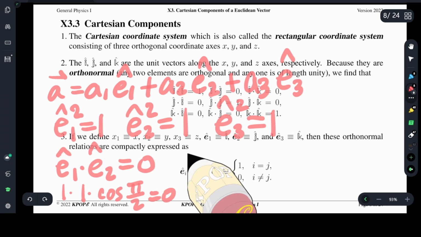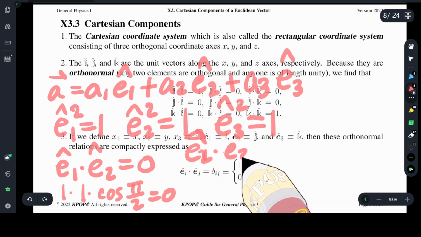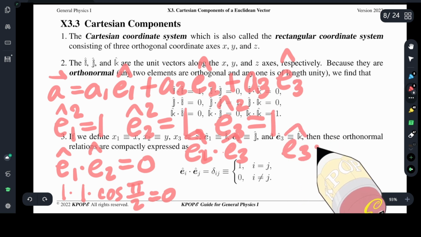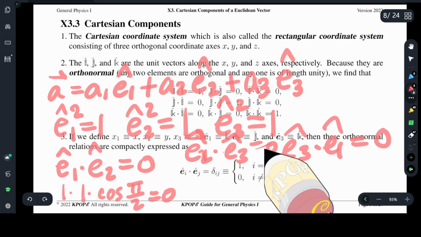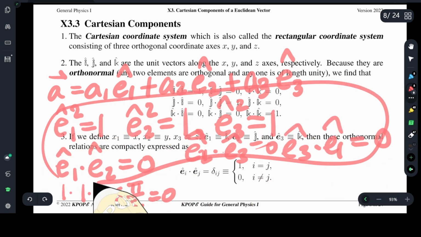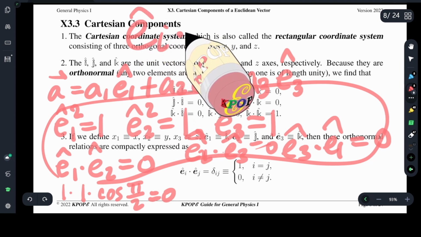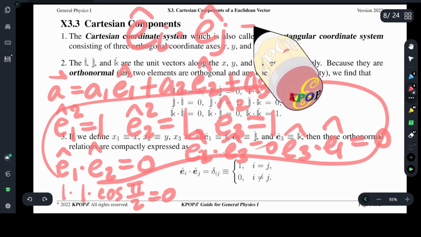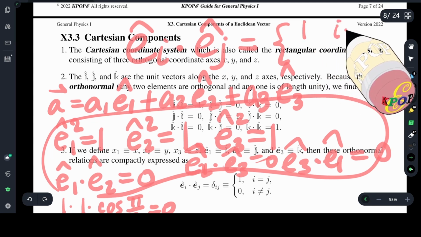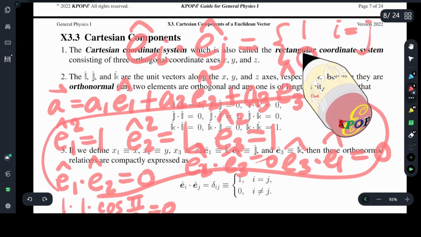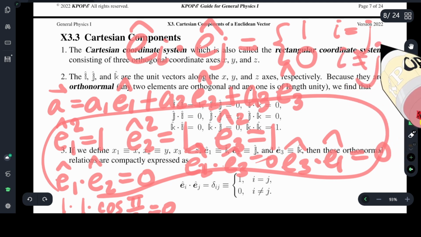In a similar manner, E2 dot E3 and E3 dot E1 are also 0. So if I combine everything together, I find Ei dot Ej should be 1 for i equals j and 0 for i not equal to j.